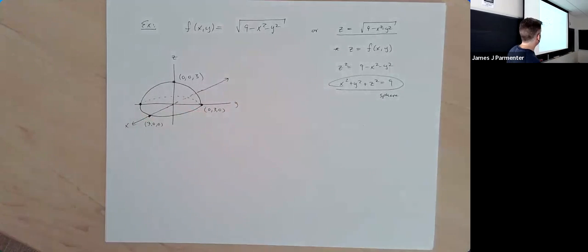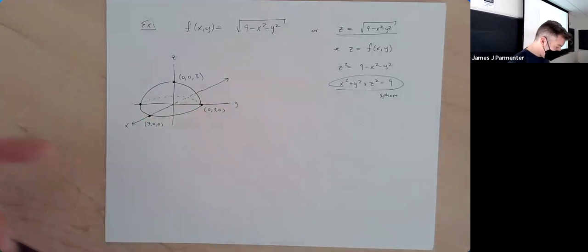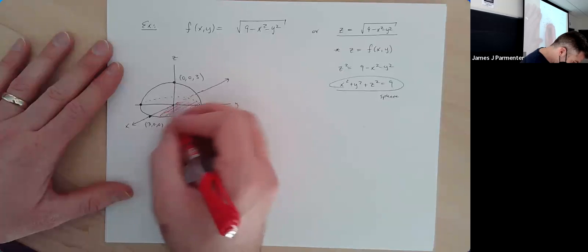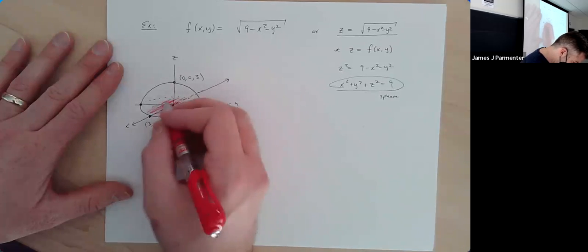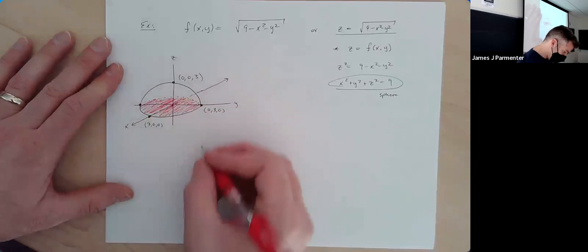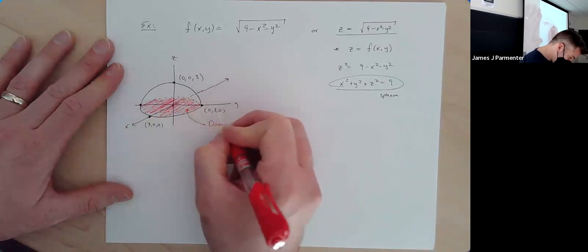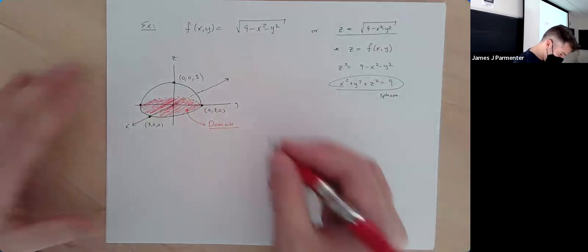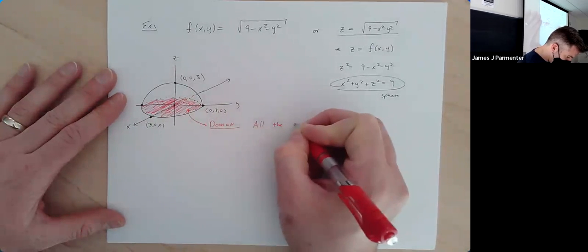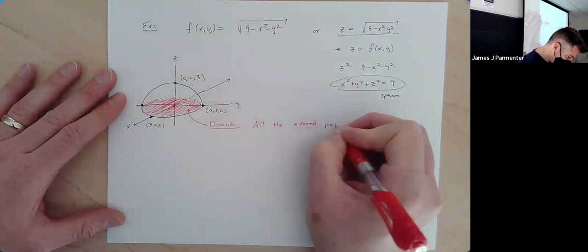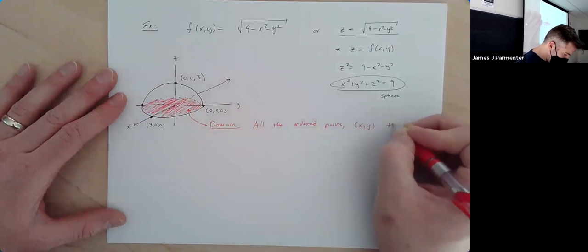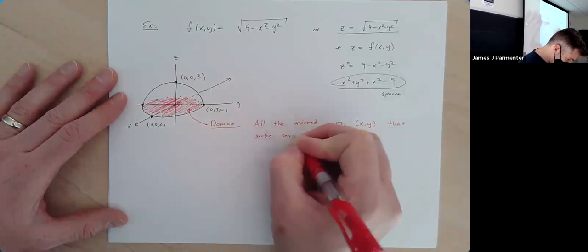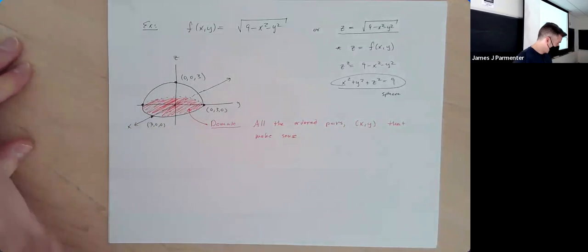So here's what I want to point out. My domain here is all of this inside of the circle in the xy plane. That's my domain. It's all the things that x and y are allowed to be at the same time, so all the ordered pairs x comma y that make sense.